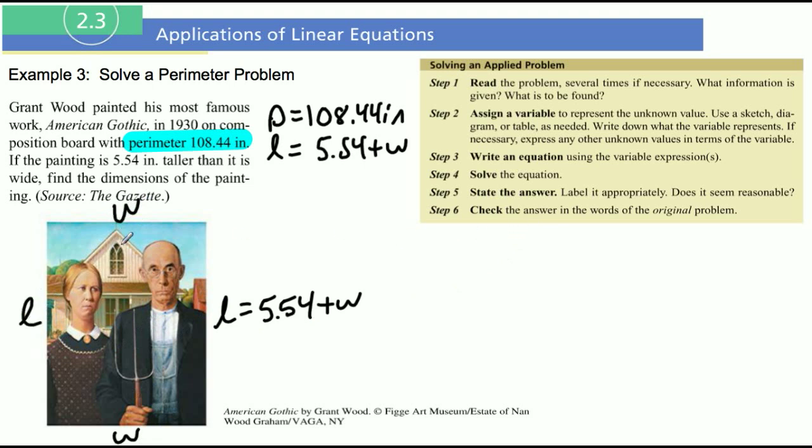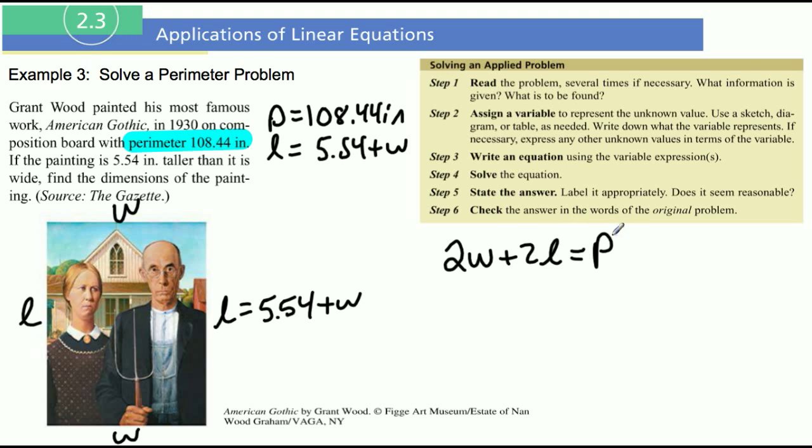And if I add up all the sides of an object, that gives us the perimeter. So if I add W plus L plus W plus L, that would give me my perimeter. So 2W plus 2L gives me my perimeter. I think that makes sense. If I add both of my widths and both of my lengths, that's going to give me my perimeter.